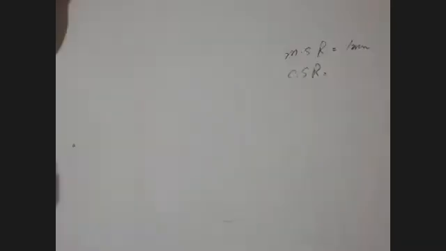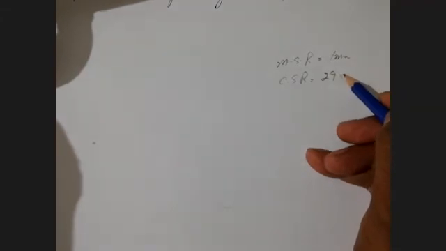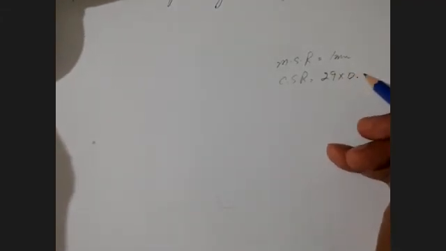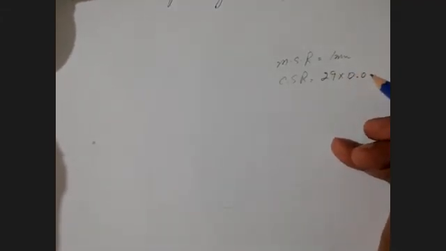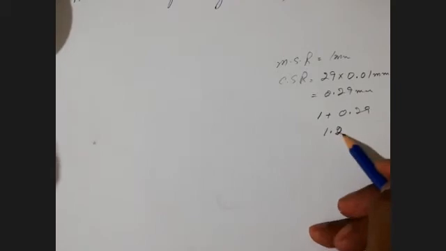Let me bring it in focus. 29, as you know, you have to multiply it with the least count, which is 0.01 millimeter. This will be 0.29 millimeter. So total will be 1 plus 0.29, 1.29 millimeter. So this is the diameter of this wire, 1.29 millimeter.